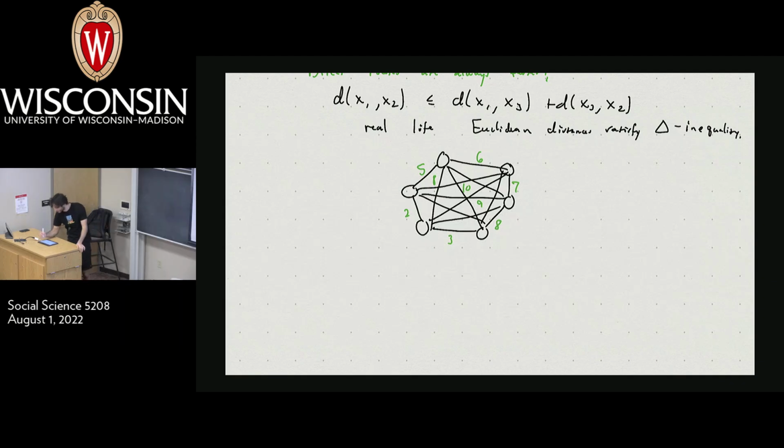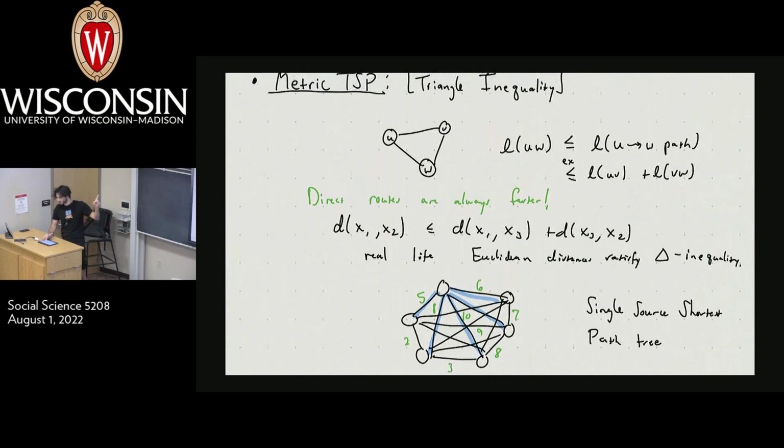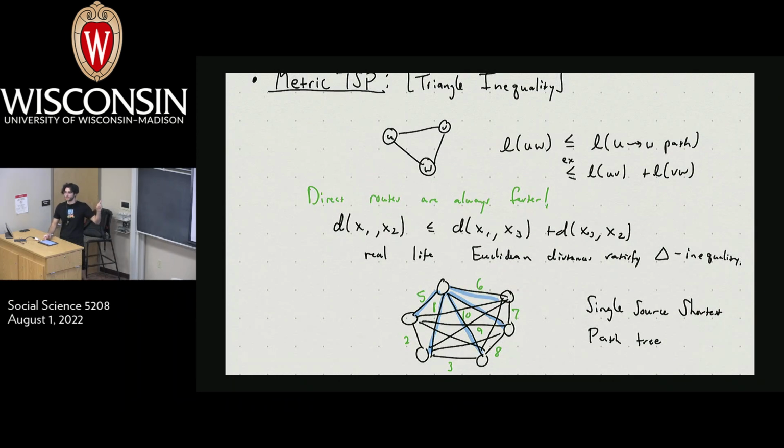Shortest path. So specifically, remember we can compute a single source shortest path tree. So that would look something like, starting from this node, that's the shortest path, that's the shortest path. Now, what's the issue here is, remember, the triangle inequality says the direct routes are always faster.